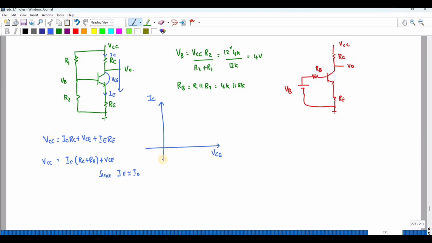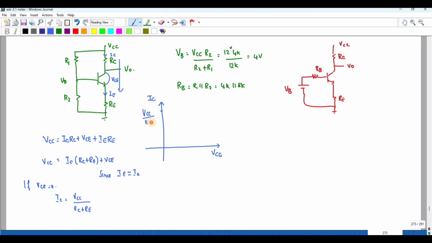On the x-axis, the maximum value of IC is found when VCE is 0 at this point. So if VCE is 0, what is the value of IC? IC is equal to VCC divided by RC plus RE. This is that point.